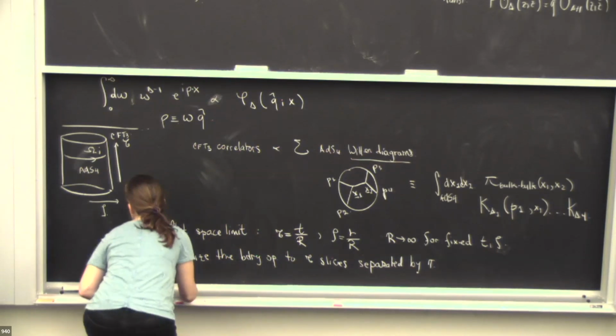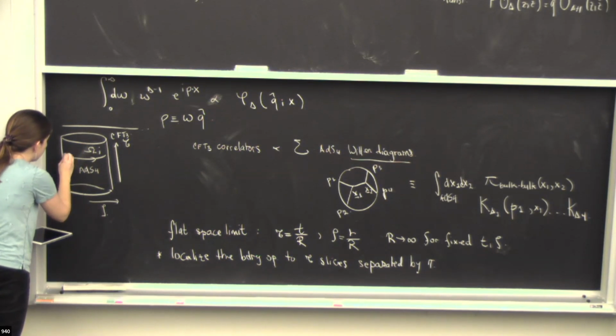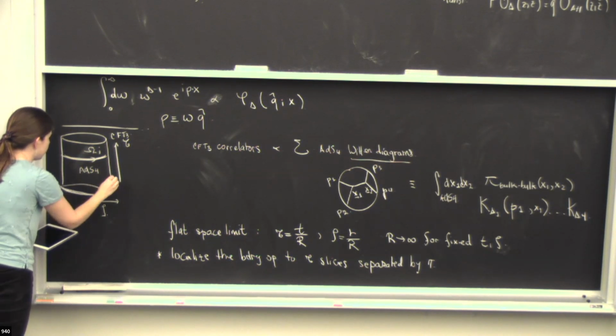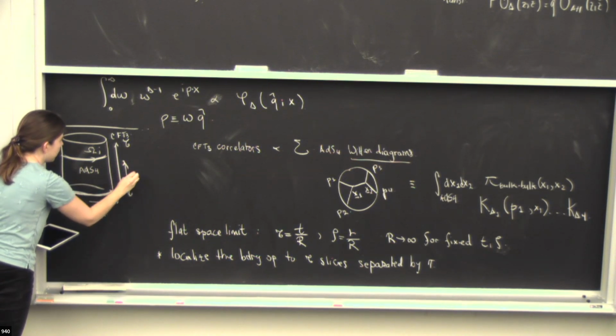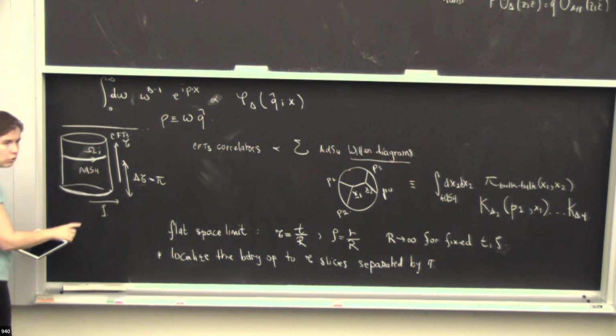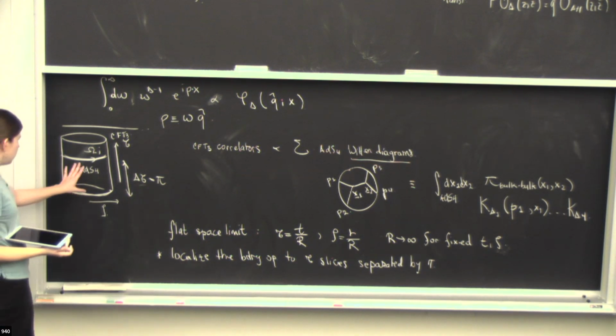So here we can consider this slice, and then we can consider another slice here, and the separation between the two slices is going to be some delta tau that is equal to pi. But this is not equal to 0, right?